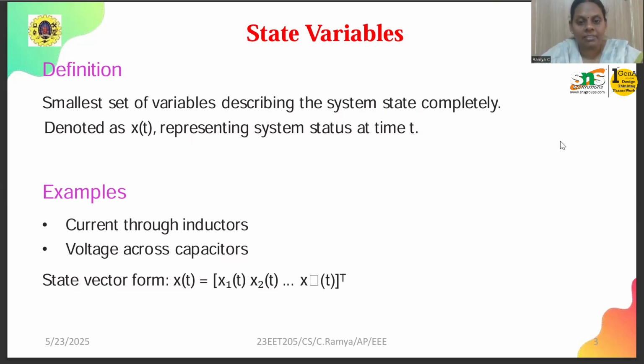We write them in vector form, x of t is equal to x1 of t, x2 of t, extending up to xn of t, with the transpose T. This forms the basis of all state modeling and is essential to track the behavior of dynamic states.